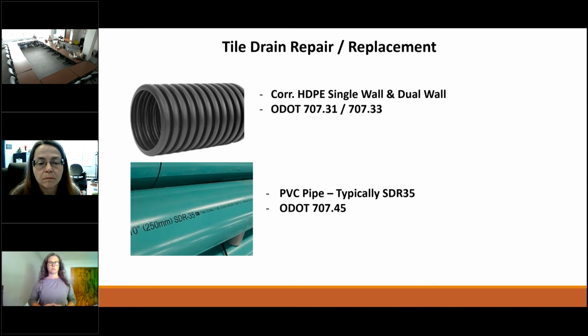It's important to repair or replace any bad sections of pipe, any bad sections of culvert that might be around. Situations such as a hole in the pipe or a joint that's pulling apart.